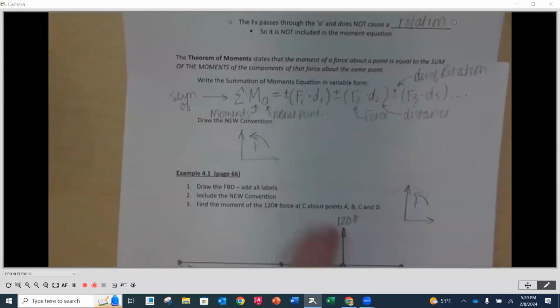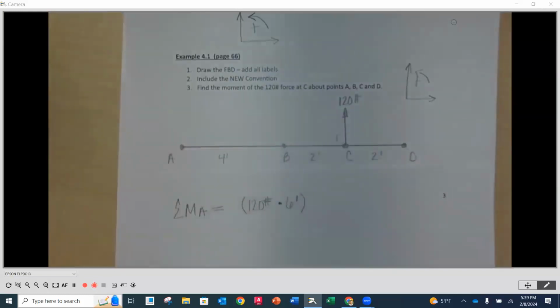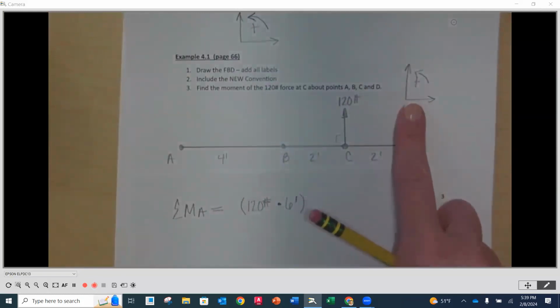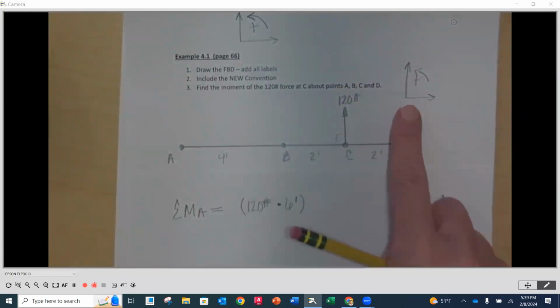Remember up here where we had the sign out front, plus or minus. What do you think we're going to relate that to? Get your convention. What haven't we used yet? The rotation, right? So if this is rotating in a counterclockwise direction, it's going to be positive.